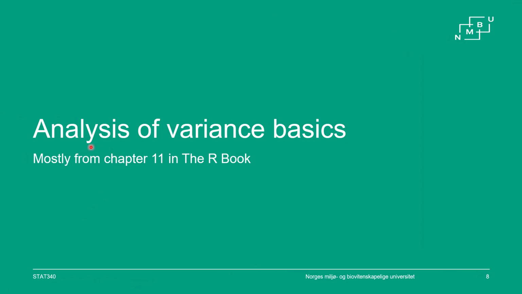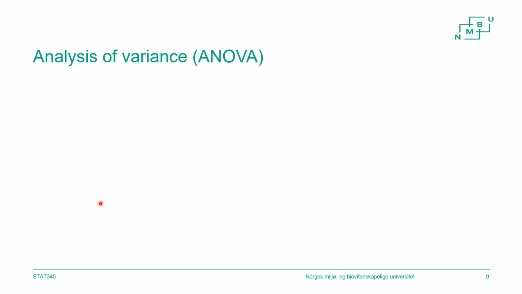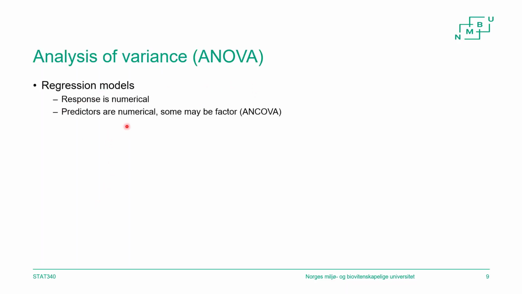So, analysis of variance basics, mostly from chapter 11 in the R book. And this is the main topic of today. So, what is it, ANOVA? We have seen that with regression models, we always have a numerical response variable.